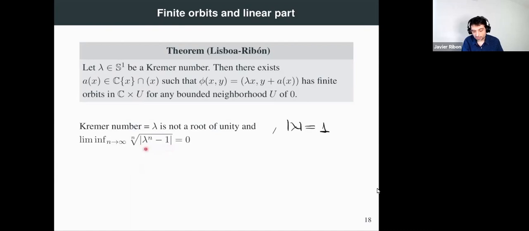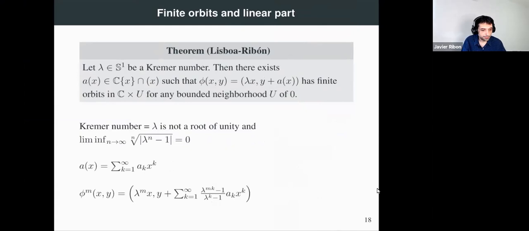But what happens is that this is not 0, but even if we consider the square root, which is going to make this quantity much bigger, even then the limit of this sequence over here is going to be 0. So lambda is very well approximated by roots of unity. And in that condition, we can always find an A of this form such that this diffeomorphism over here has finite orbits. And obviously, since lambda is not a root of unity, it's not a finite orbit.